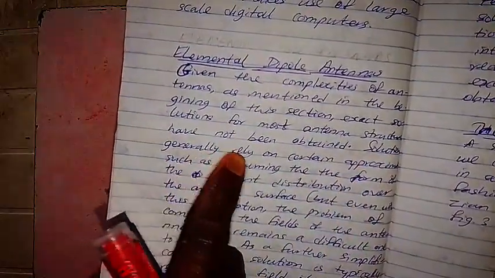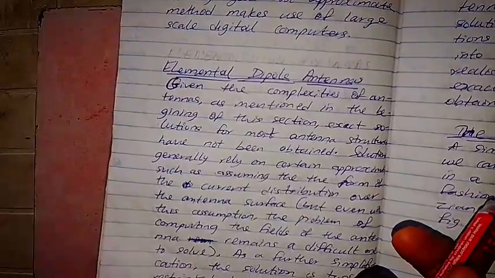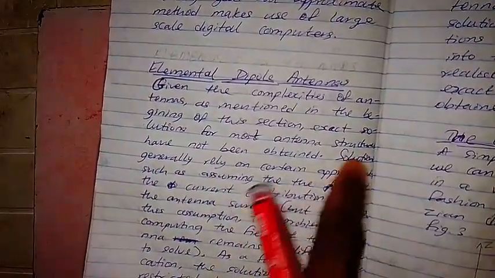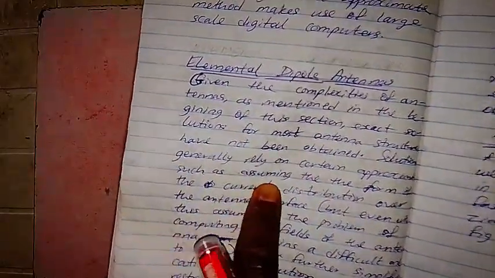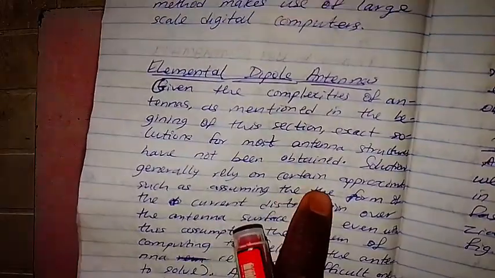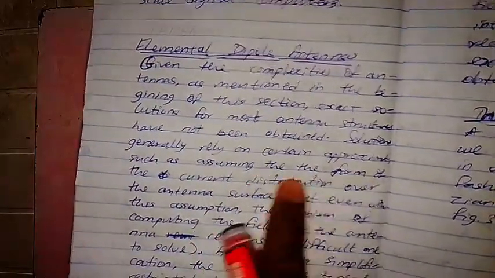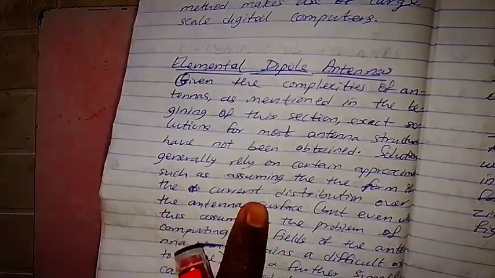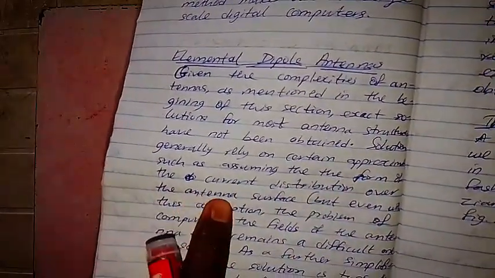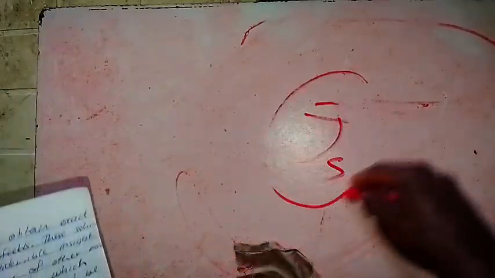Okay, so solutions generally rely on certain approximations. Such as what? Assuming the form of the current distribution over the antenna surface. Current distribution, we're talking about this guy, the source current.